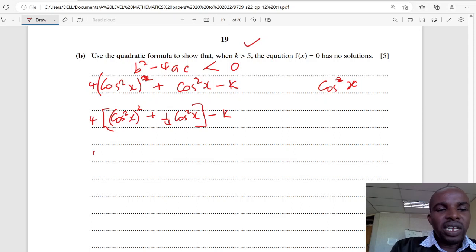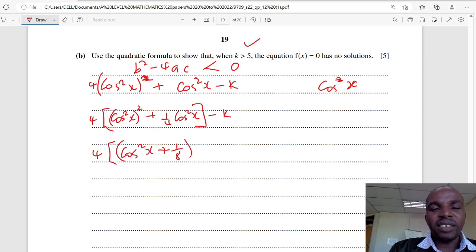Then take this part. So it will be 4 here, complete the square.